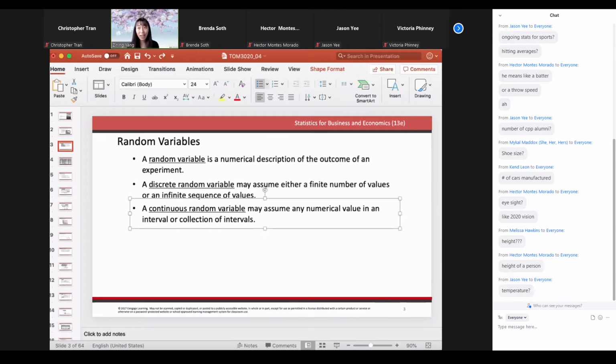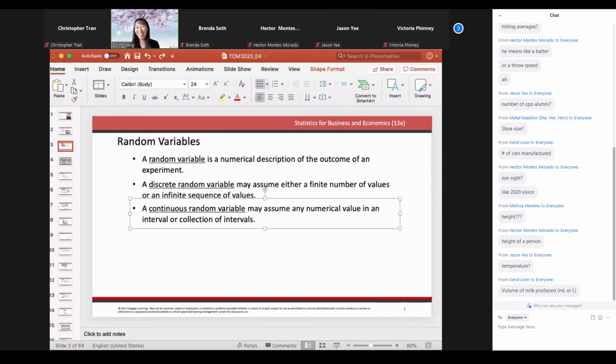Now is it 68 or 68.2 or 68.25? As long as you have a precise tool, you can measure the value to as many decimal places as you want. Yes, temperature is. And similarly, you're faster than me, Ken. I was just about to say volume. Yes, volume of a milk product, volume of anything, in milliliter or liter or gallon or ounce.